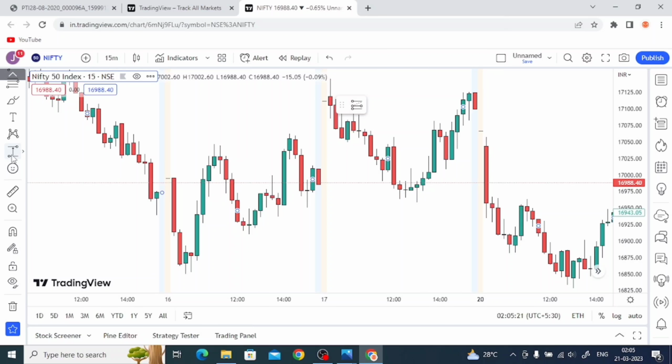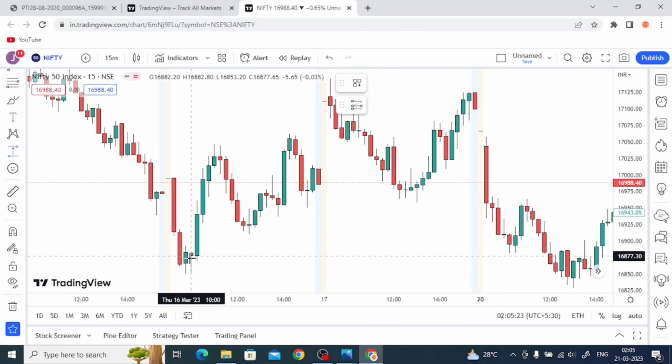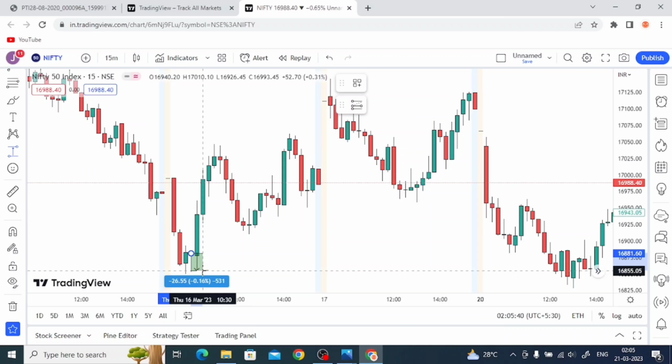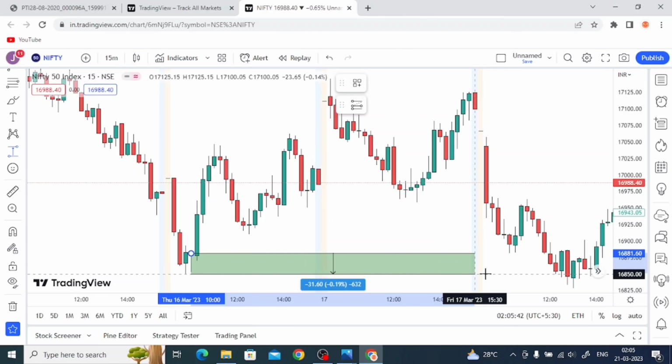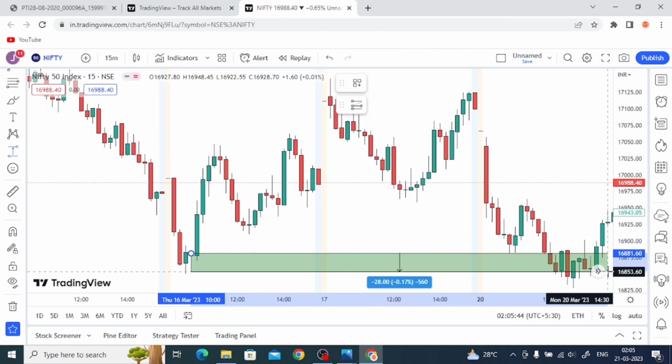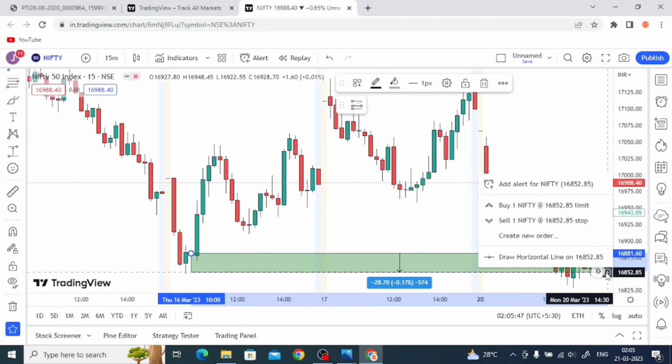I am going to mark this level. I already told you, you should mark the previous candle, the look back candle, the red candle. I am going to mark that candle's high and low, and extend the line to wherever I want.